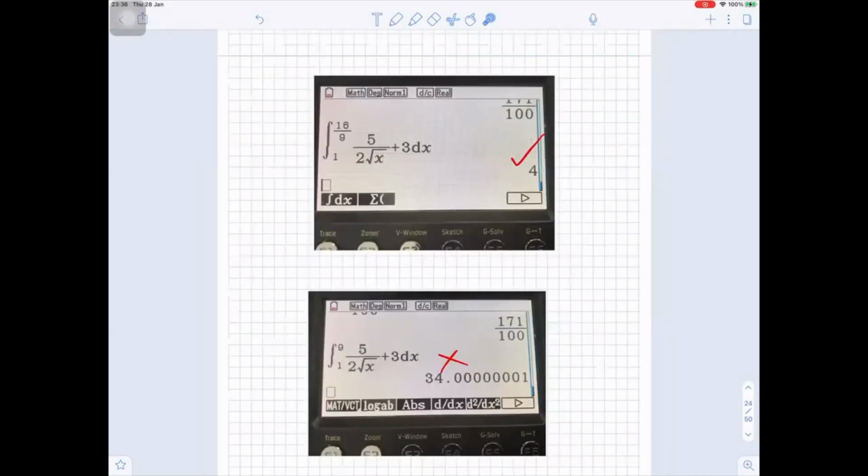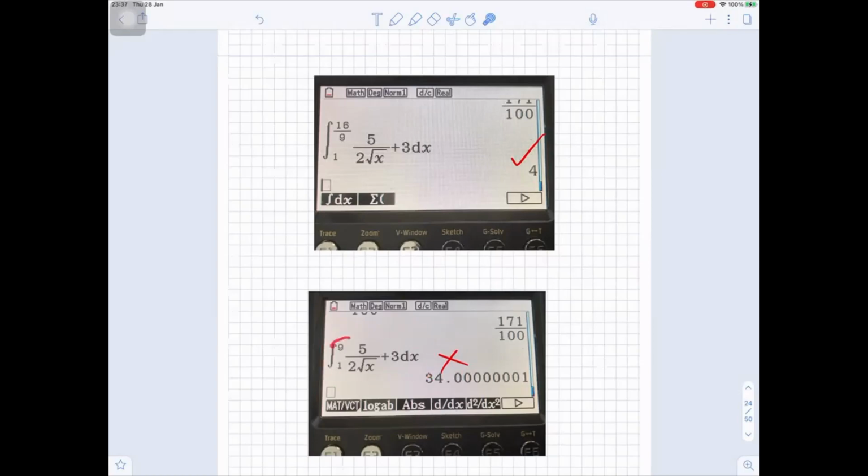When you use k is equal to 16 over 9, you get an answer of 4. When you use k is equal to 9, you get an answer which is not 4. So that's why we reject. So you can use your integral in the calculator to check your answer.